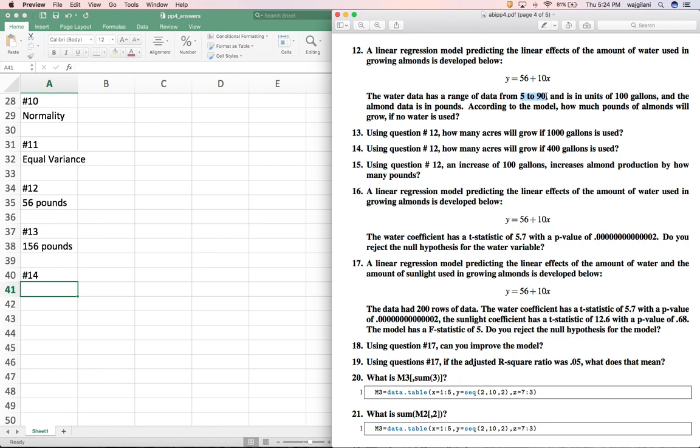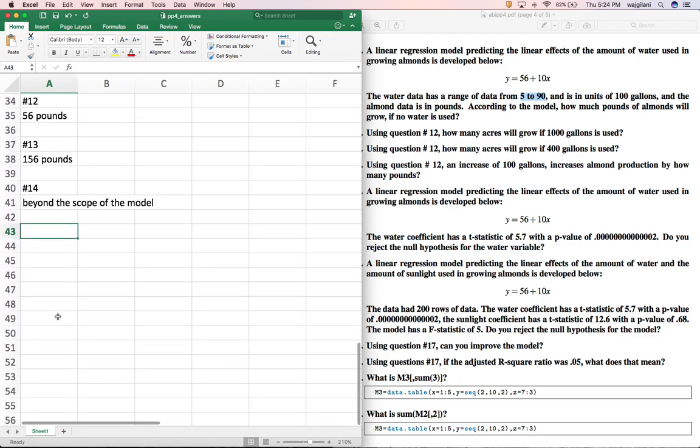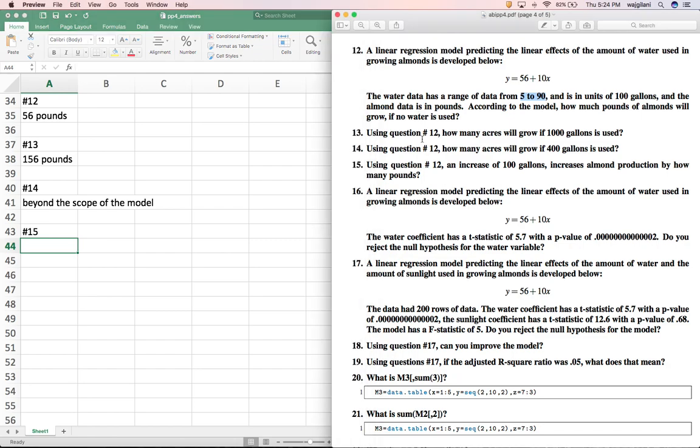Therefore, the answer is, we could just say beyond the scope of the model, or you can say the model's not trained or created to answer that question. That's a trick question. It shouldn't be a trick question, but the first time you see it, it's kind of weird.